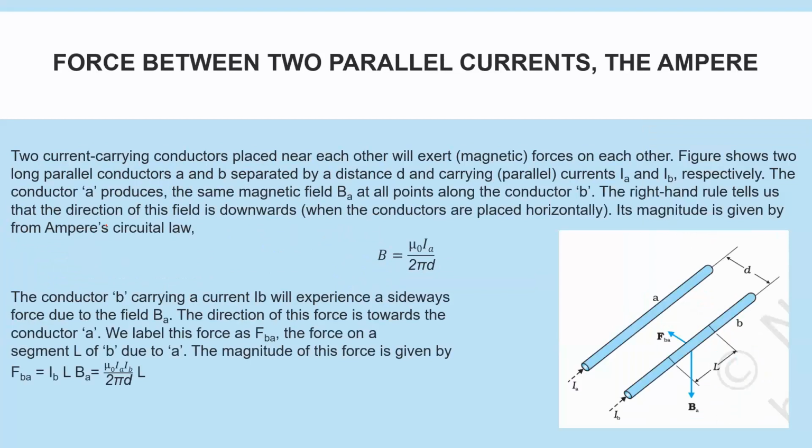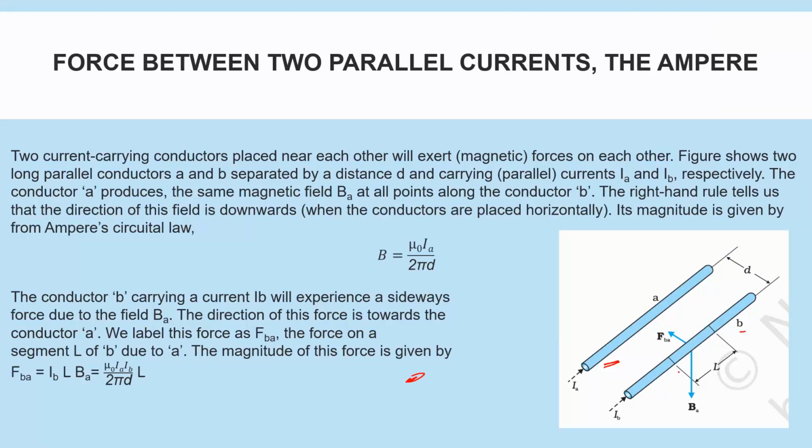Now we will see what would be the magnetic force that is existing between two parallel currents. We are considering two long straight parallel conductors over here. You can see there is a conductor A and there is a conductor B, and they are carrying steady currents IA and IB, and they are separated by a distance d.